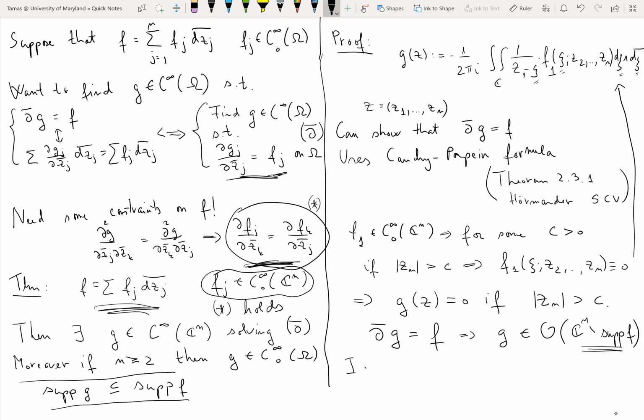So by the identity theorem, we immediately get that G has to be identically equal to 0 on C^n minus the support.